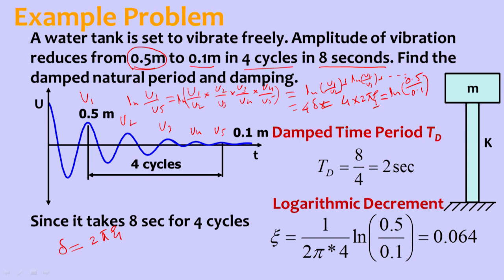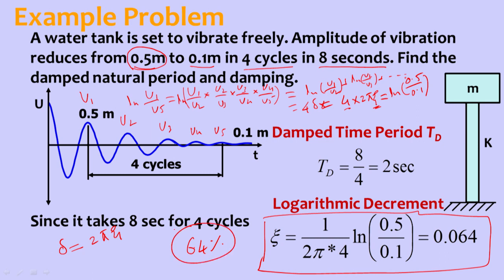From this, the zeta value is ln of 0.5 by 0.1 divided by 2 pi into 4. That's what is written here. And the value of damping is 0.064. So it essentially means 6.4% damping is present in the system.